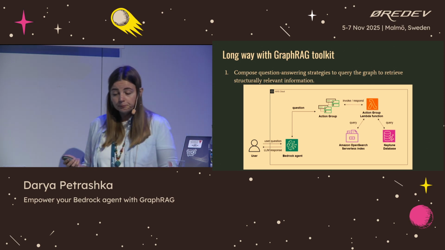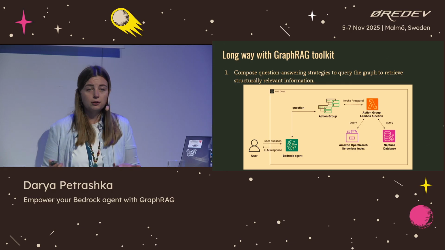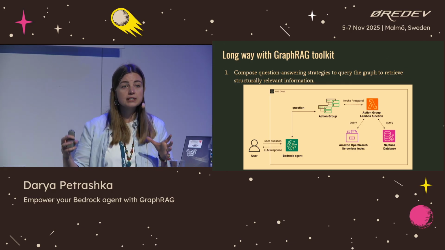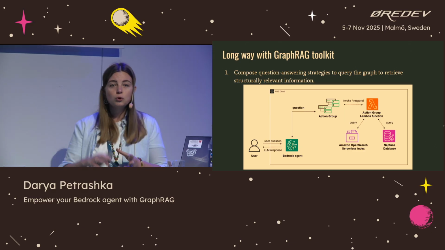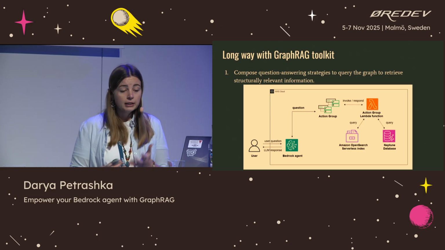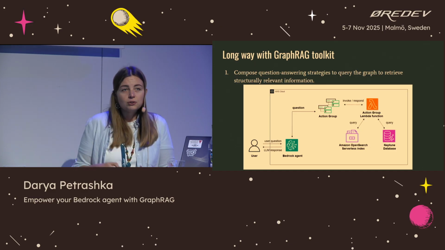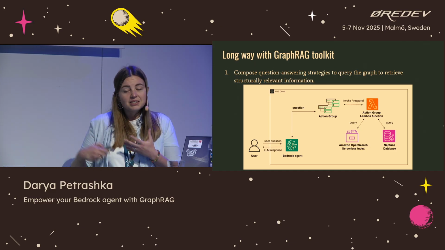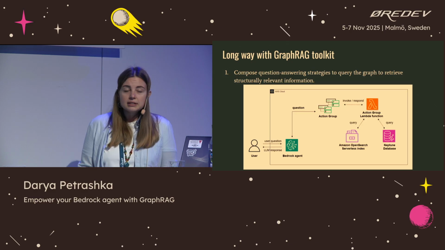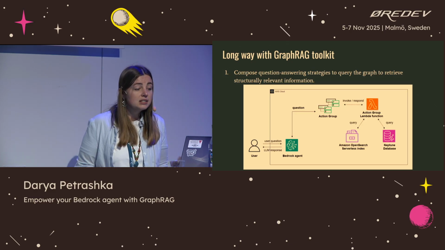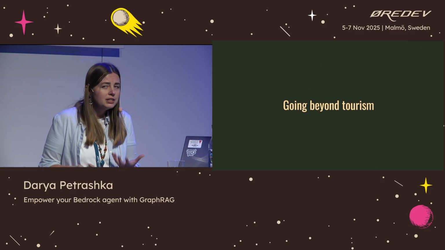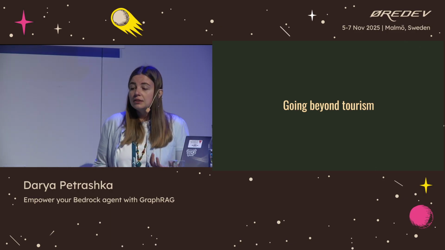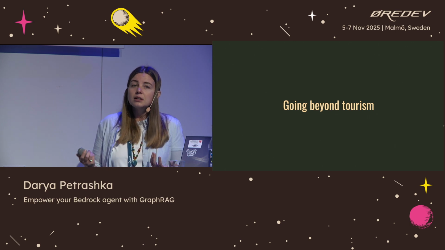And if you put a clear description on the action group, the agent will know that it should call it as a tool. Yeah, you see, having a Bedrock knowledge base is a more straightforward way, but at the same time, it is less customizable.